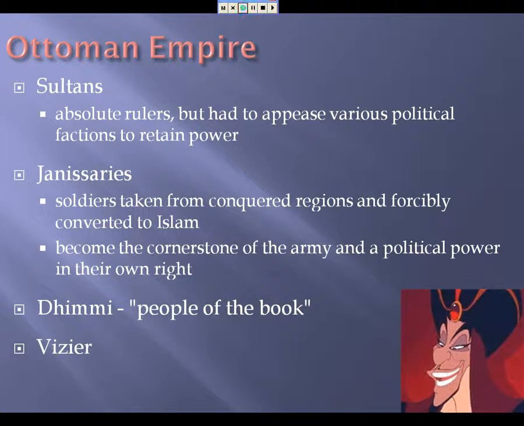And what's interesting about the Janissaries is that they're actually taken from conquered areas. They are not native Turks. Most of the time, they're not even native Muslims.